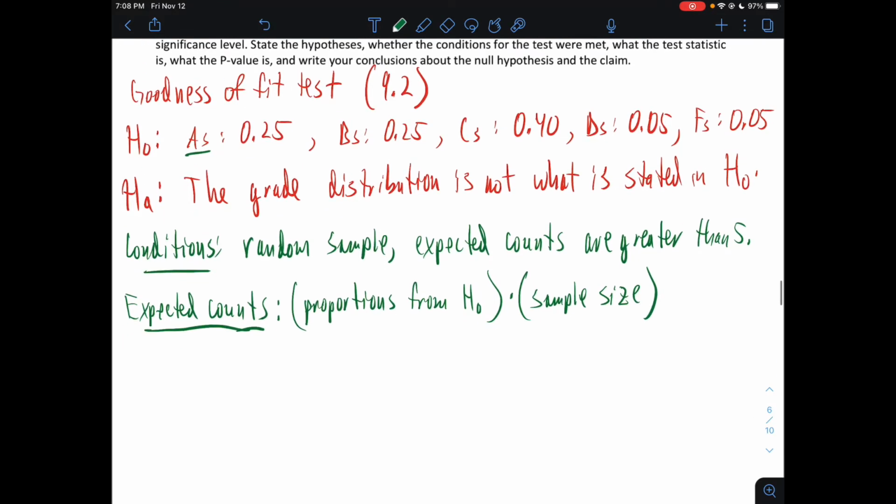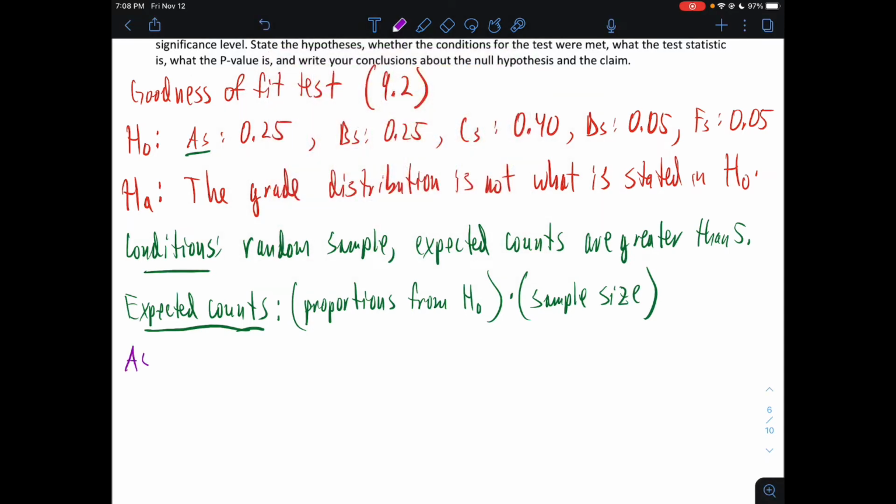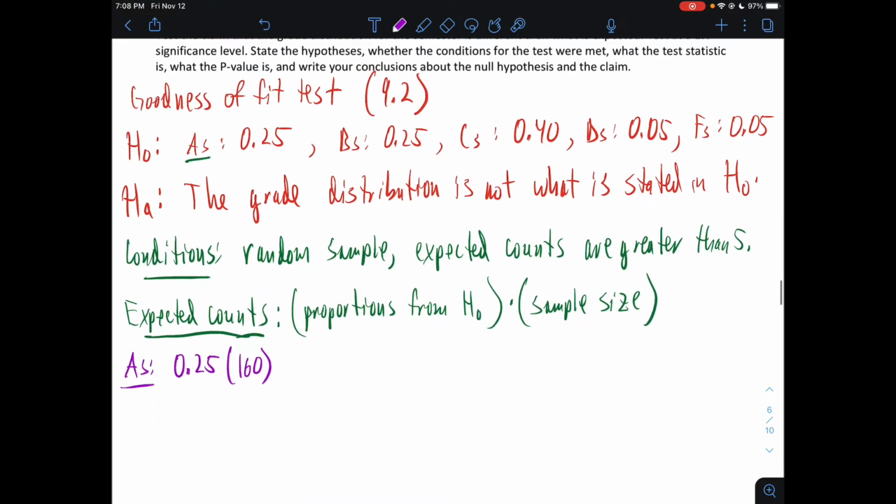So we can organize that. A's would be 25% of the 160 students from the semester that's in question, and that's going to be 40. B's, same thing, 25% of 160, which is also 40.